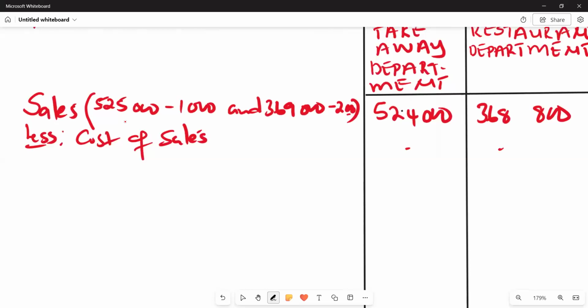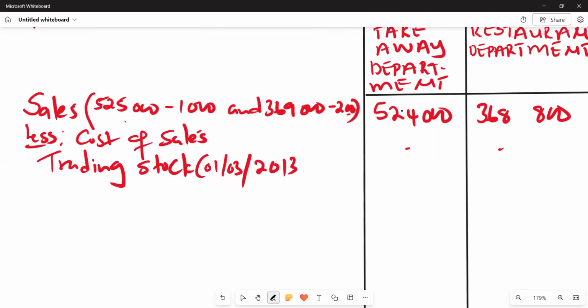So we come here, we say opening. We can just say trading stock. You can either say opening stock or just say trading stock and you put the opening date that we have there. So that is the opening. So we are saying 0103, which is 1 March 2013.